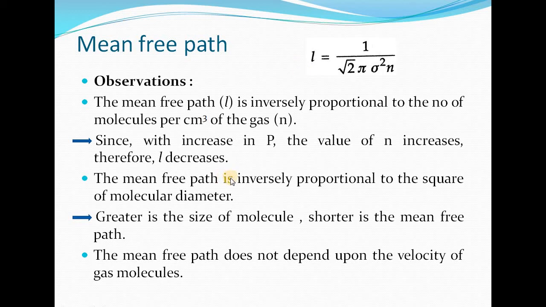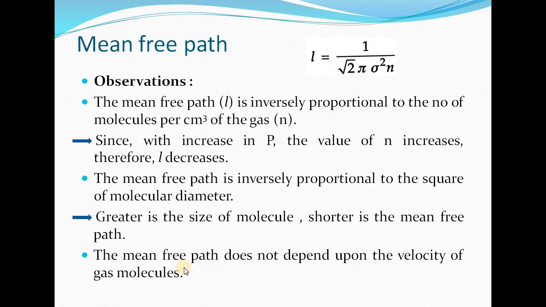So mean free path is inversely proportional to the pressure of the gas. On increasing pressure, mean free path will decrease. Similarly, the mean free path is inversely proportional to the square of the molecular diameter, sigma square. So the greater the size of the molecule, the shorter the mean free path.